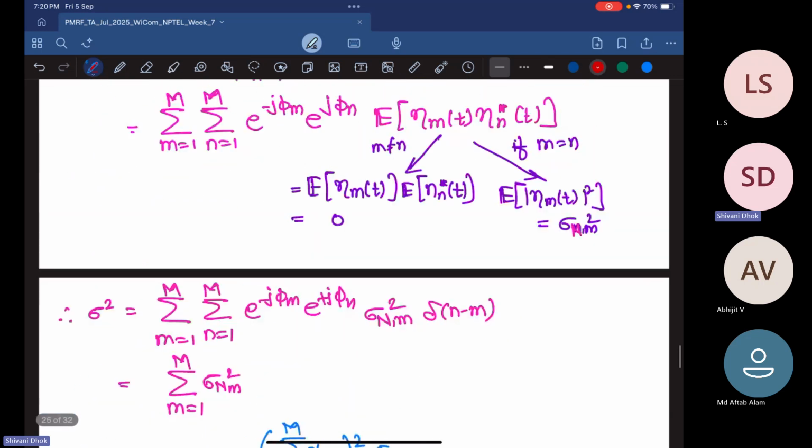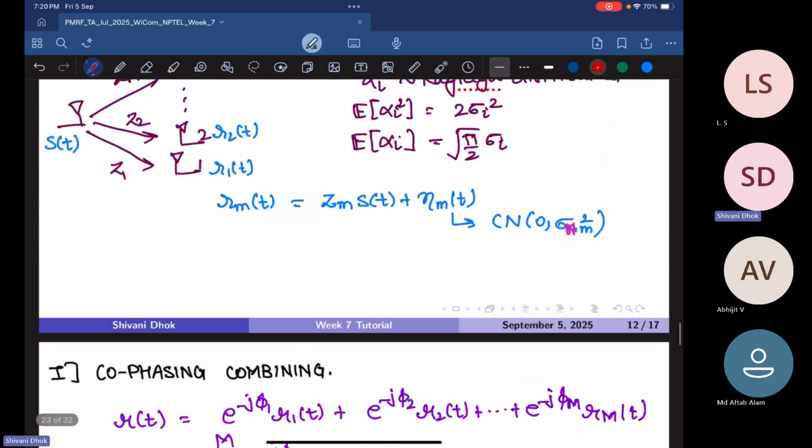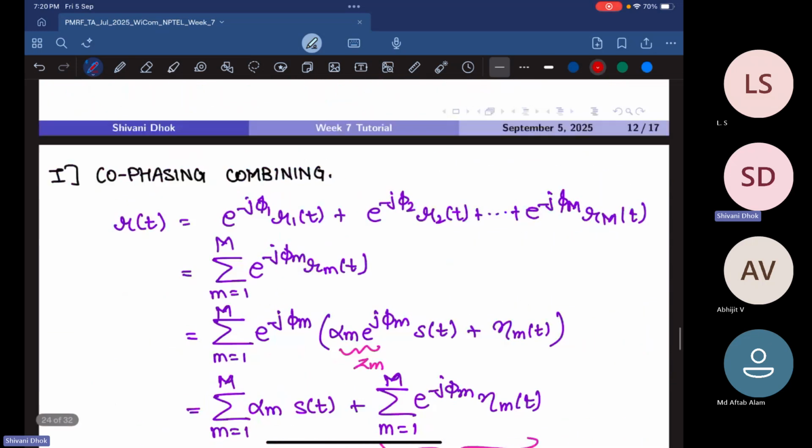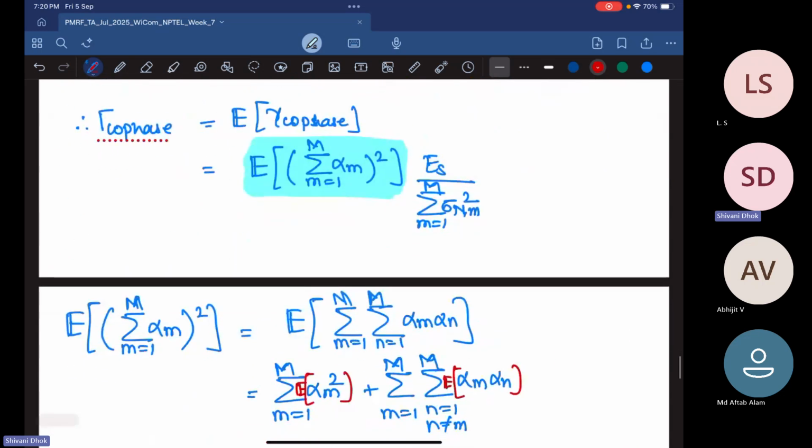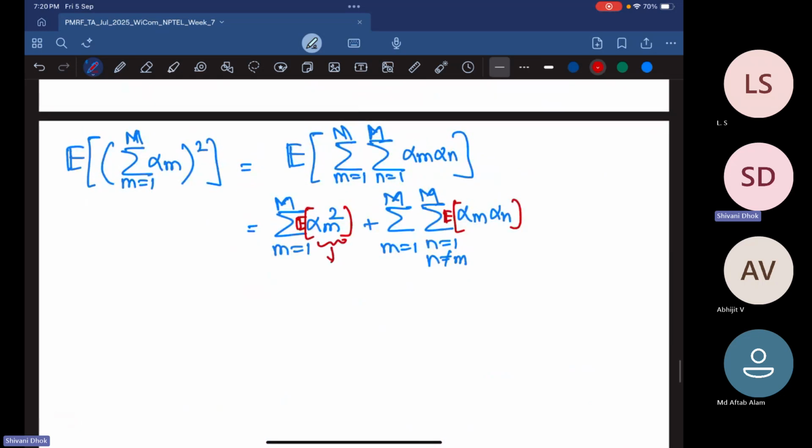Now we had initially seen that expectation of alpha i square is 2 sigma i square. So this quantity here is equal to 2 sigma m square. And since alpha m and alpha n are independent, this we can write as expectation of alpha m into expectation of alpha n. This quantity is equal to under root pi by 2 into sigma m, and this is equal to under root pi by 2 into sigma n.